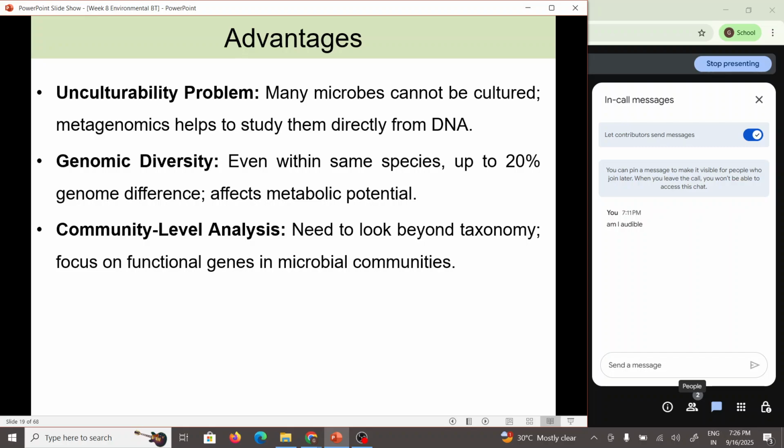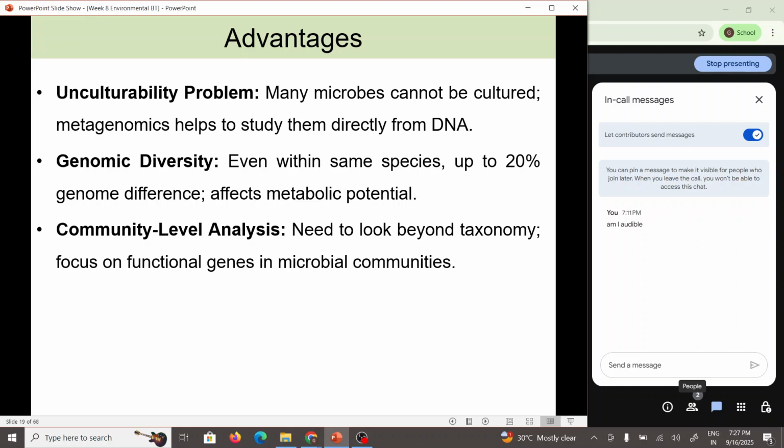And next is community level analysis. Our ultimate aim is not just to identify the organisms and classify them into their taxonomic units. From an environmental biotechnologist's point of view, identifying the individual role of each of the microorganisms, their interactions, and finally, as a sum of their interactions, having a holistic outlook of how the environment functions is very important.